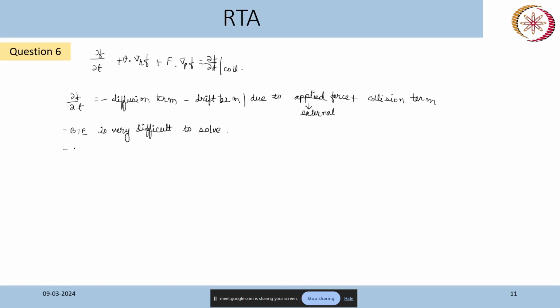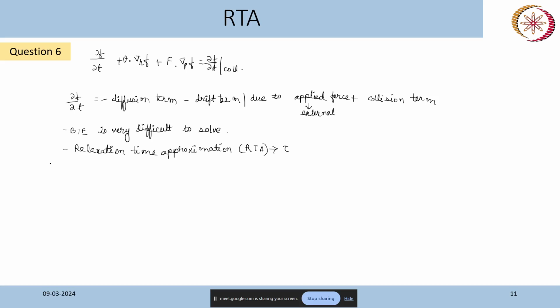So for that, the relaxation time approximation is used. It basically simplifies the del f by del t due to collision term, and it gives us a term called tau, the average collision time.